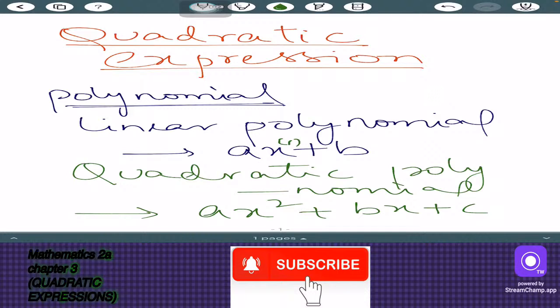If you go for the cubic polynomial, in addition to quadratic polynomial, you need one more x, like ax cube.